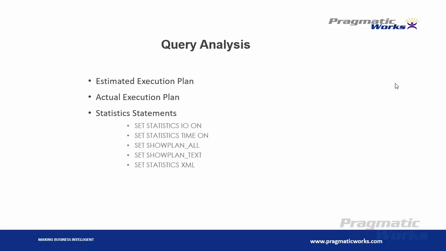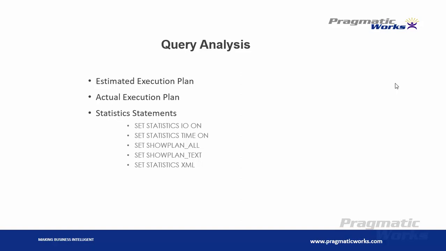In SQL 2016, what's nice is that there are new ways of looking at these execution plans, where you can look at live execution plans and see what the statistics are, with live statistics, and see what the execution plan is actually doing.